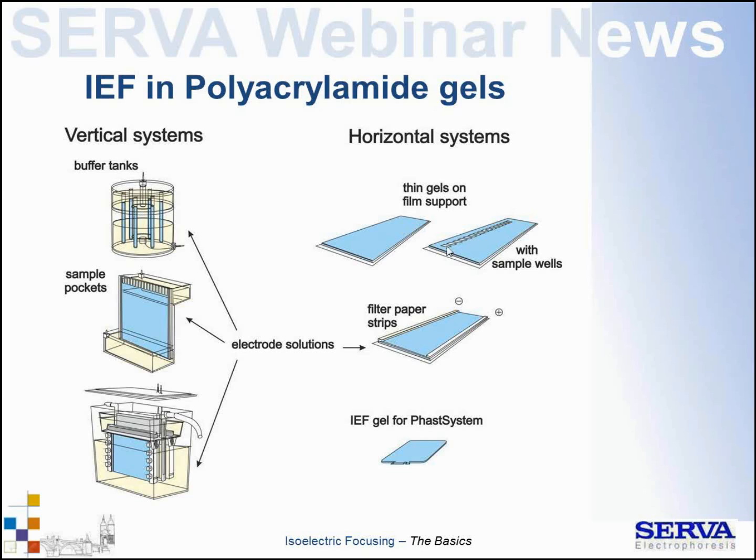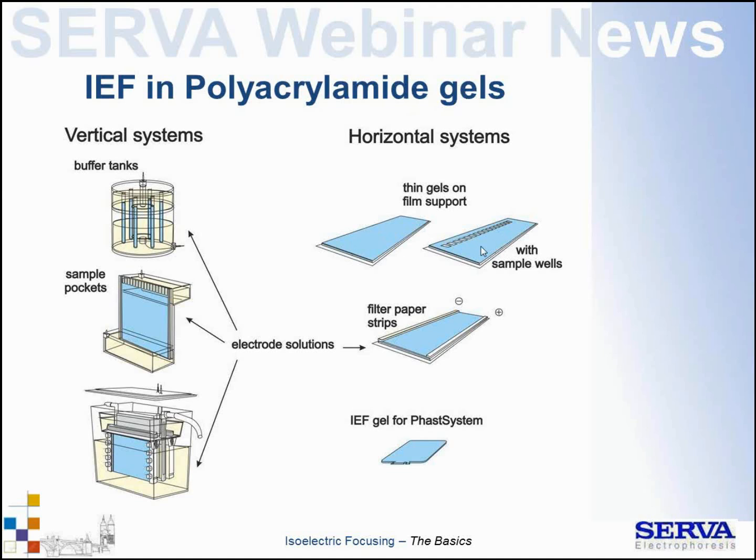You can also apply the sample with filter paper or with a silicone band with little holes in it to apply the sample.